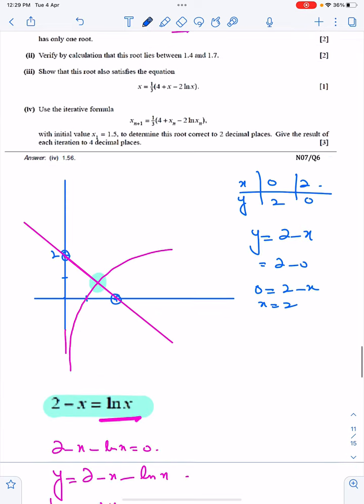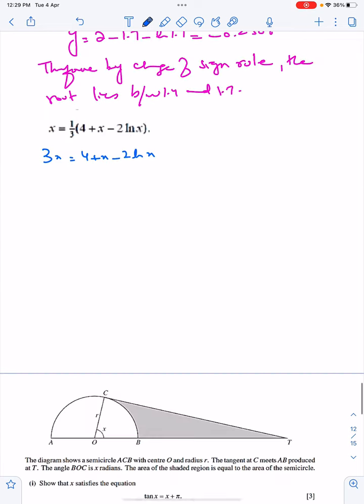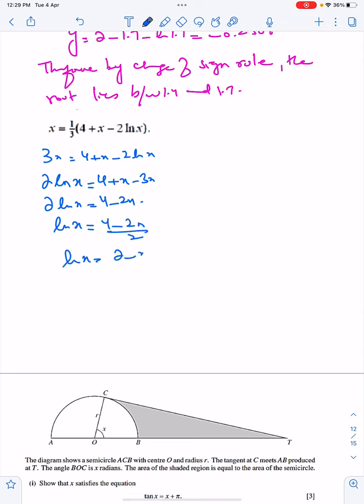In the original equation they have ln x on one side, so I'm making ln x positive: 2 ln x equals 4 plus x minus 3x. 2 ln x equals 4 minus 2x, divided by 2. Ln x equals 2 minus x. This is what we had to prove for this part of the question.